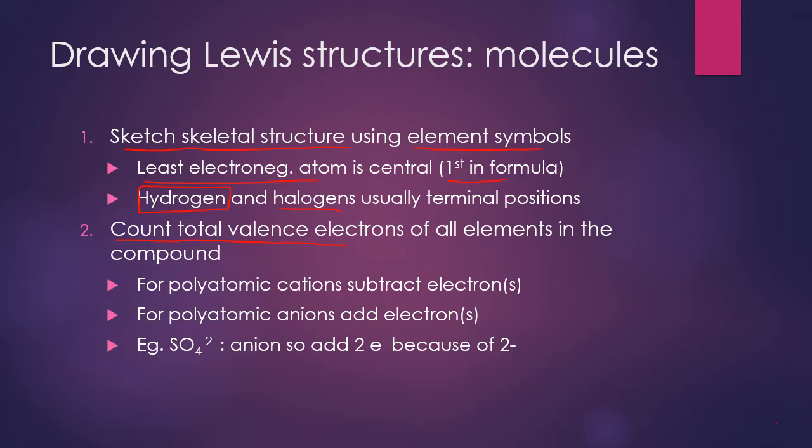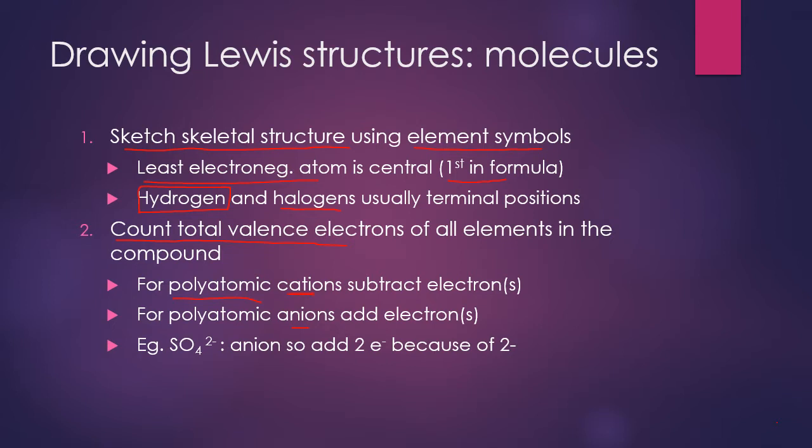You're going to be looking up each element present in the chemical formula, how many there are of each, and then adding the total. We'll show an example of this when I work through one of the problems in a minute. What I want to point out now is that if you have a polyatomic ion of any sort, meaning covalently bound atoms with a charge, whether it's a cation or an anion, you need to take that into account when you're counting your total valence electrons.